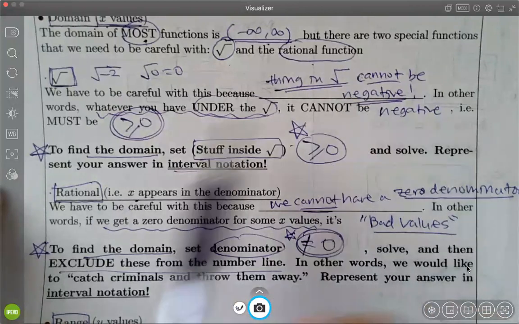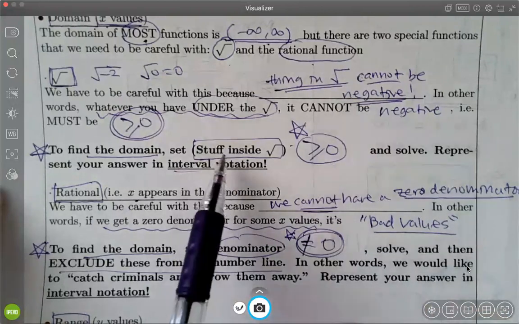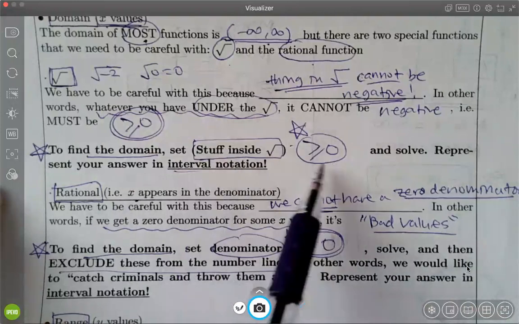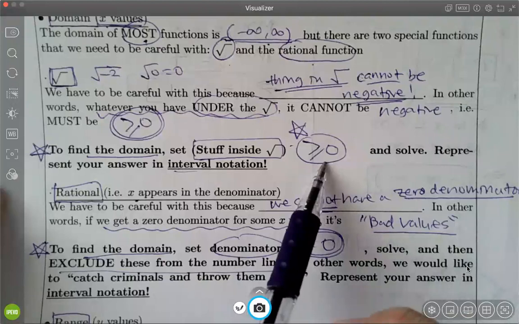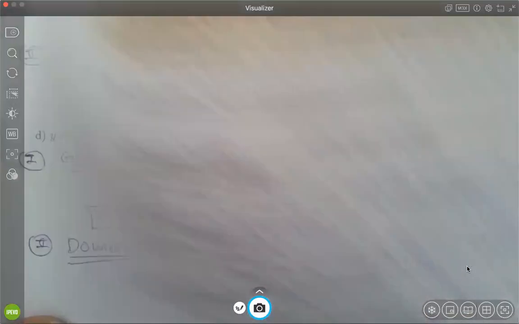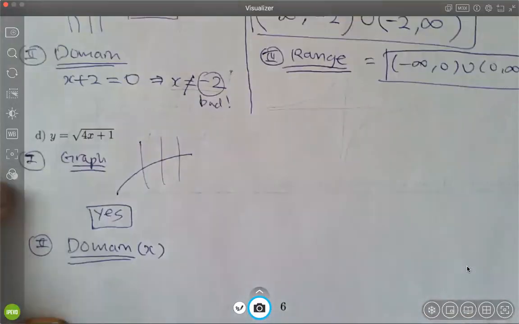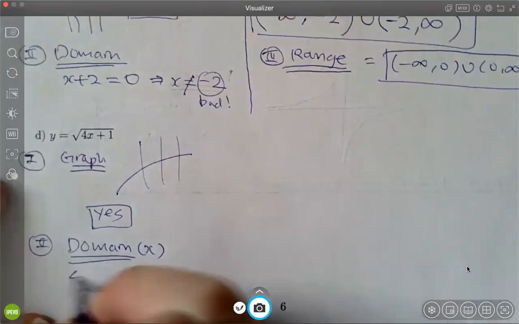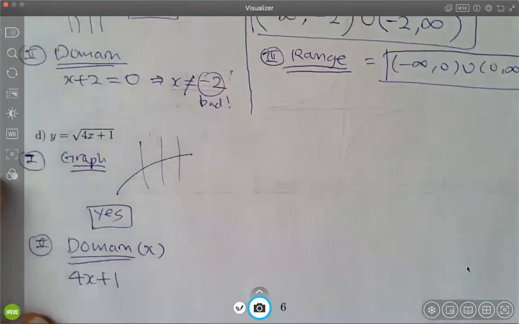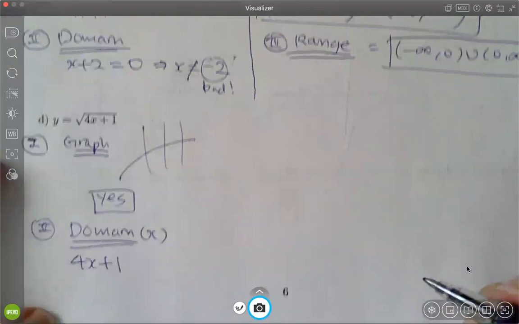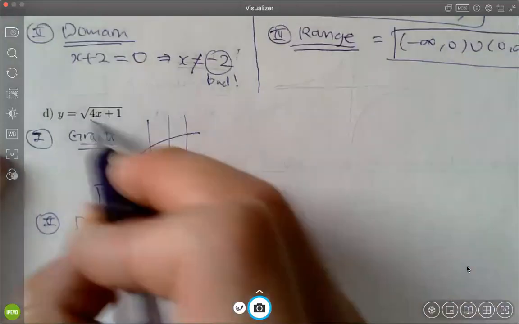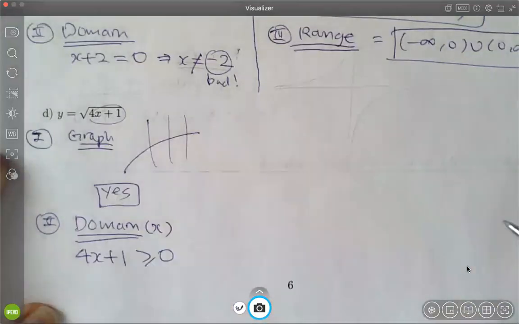So whatever you have under the square root, you have to set it greater than or equal to 0. What do you have under the square root here? 4x plus 1, and that entire thing has to be greater than or equal to 0. Again, it's not just equal to 0, it's greater than or equal to 0.